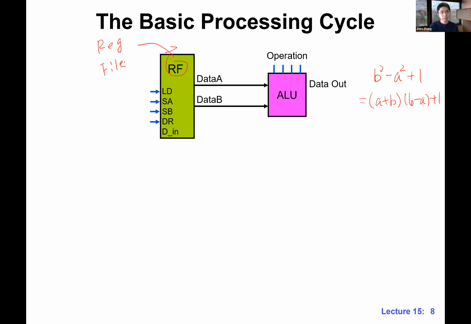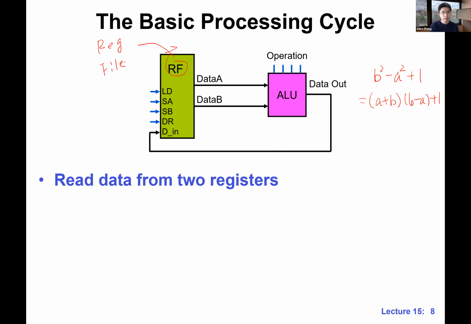The way our basic processing cycle works is, at each cycle, we grab 2 data from the register file, the RF, and then we send them to the ALU. We then send the result of the ALU back to one of the registers in the RF.